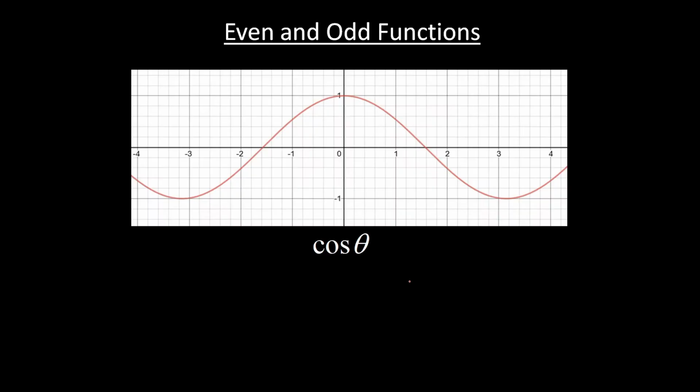So just to give you a quick recollection of even and odd functions, let's look at the cosine function. And just choose any value. I'm going to choose one right here. And then once we choose some value, we're going to choose the negative of that, which is over here.